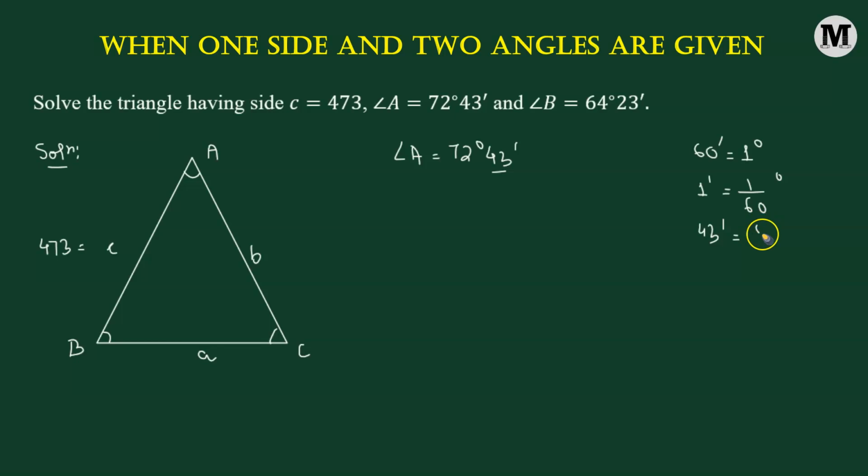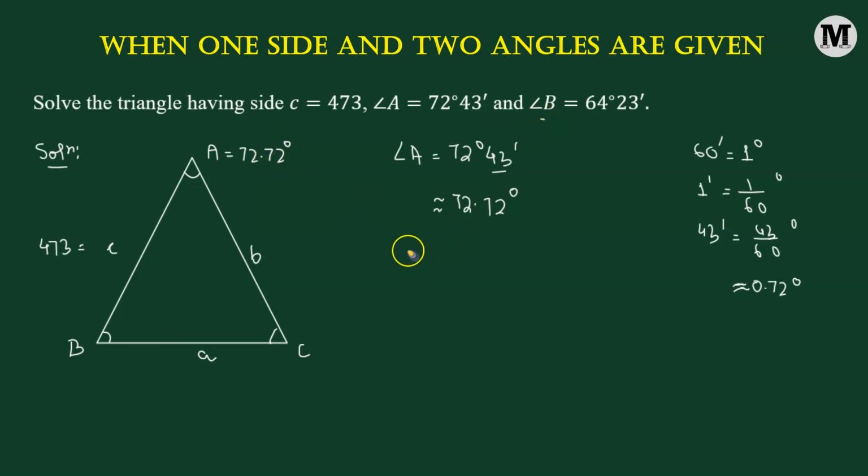So 43 minutes will be 43 over 60, which is approximately 0.72 degrees. Let's take the approximate value here. So angle A can also be expressed as 72.72 degrees.